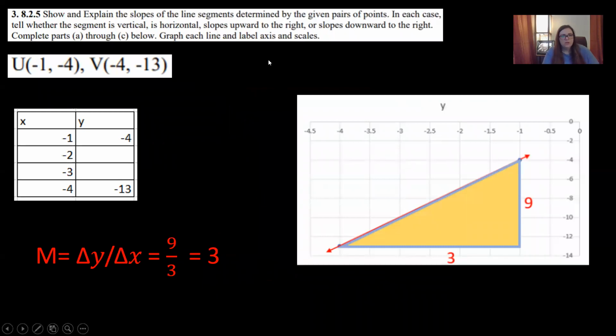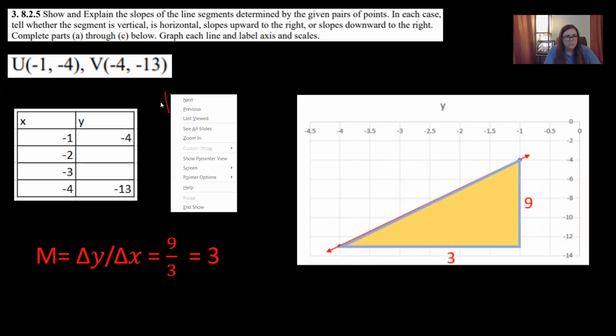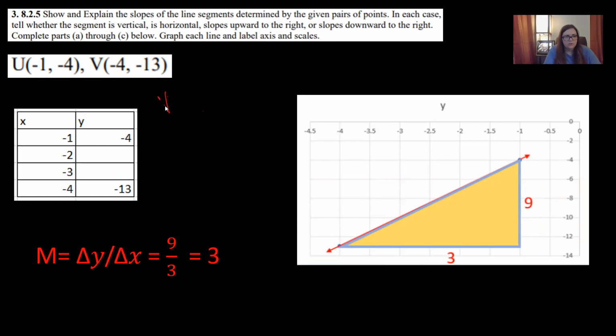Okay, so we have these points, and here it's graphed. So once again, y2 minus y1 over x2 minus x1 equals m, the slope.